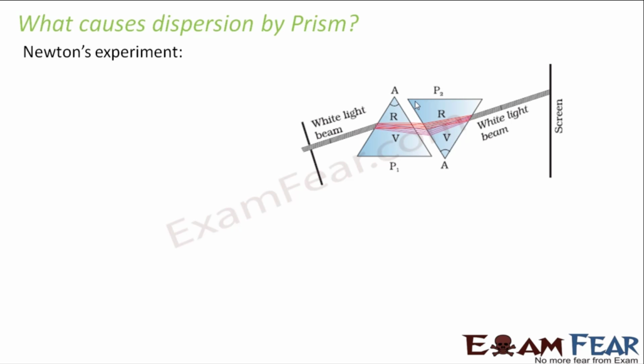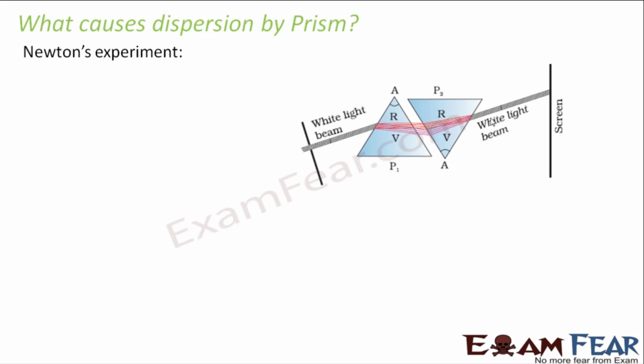Now he took another prism and placed it in front of this prism in the reverse way. So what happened? The spectrum, that is all the constituent colors, when passed through this prism, what was the output? He obtained a white light beam.